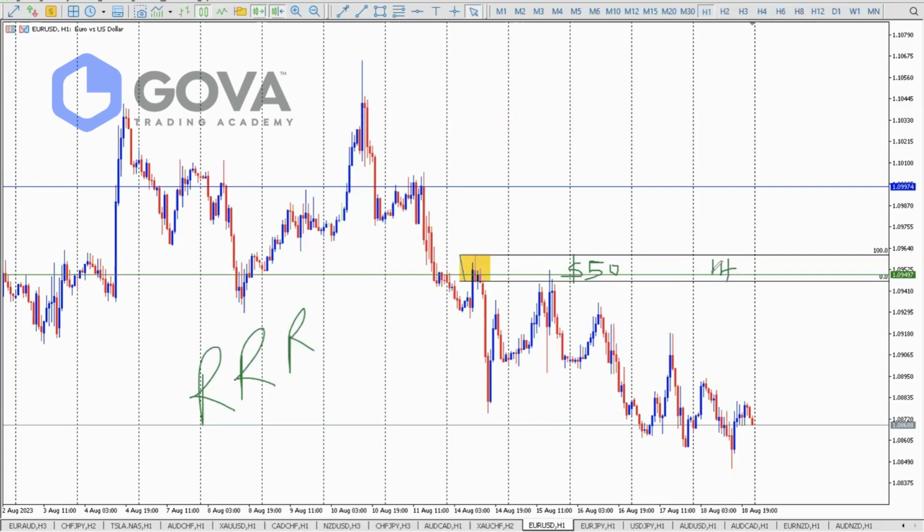But I'm not talking about pips right now. I'm talking about the amount you risk on the zone exactly in money. What if you risk $50? Now, the $50 you risk, how much reward did you get at the end of the day if we are using 1:7?